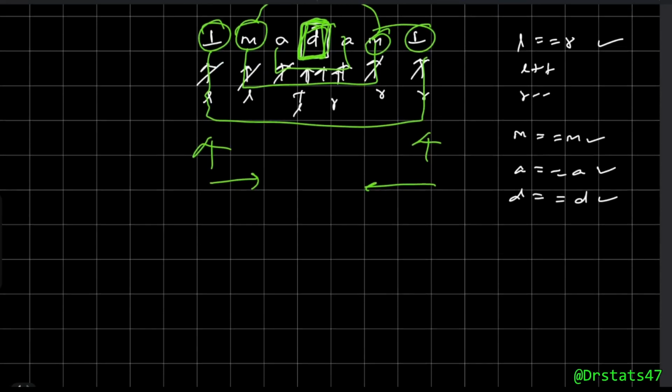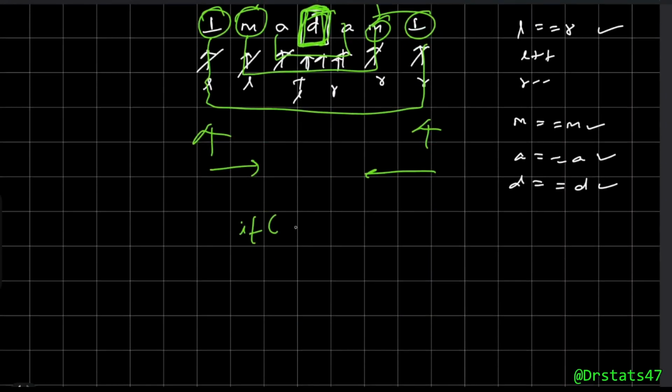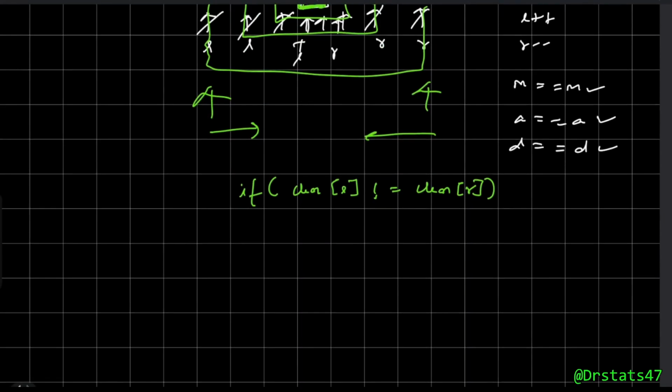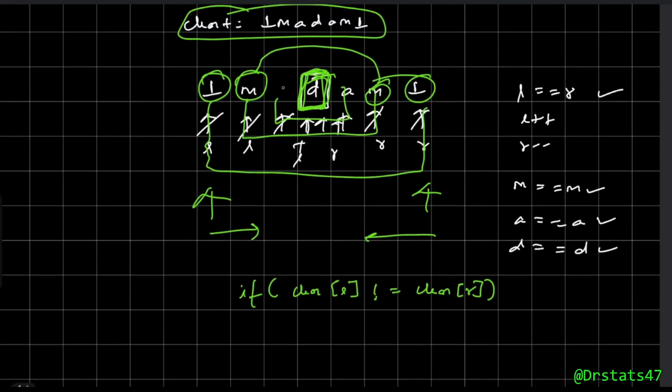If we find, in this clean string we have stored, that clean of L is not equal to clean of R, if this condition is satisfied, for example if yes is not equal to M, so yes is equal to A, no, right?